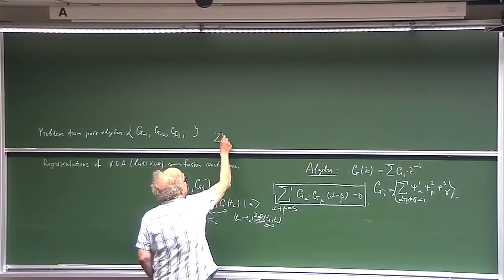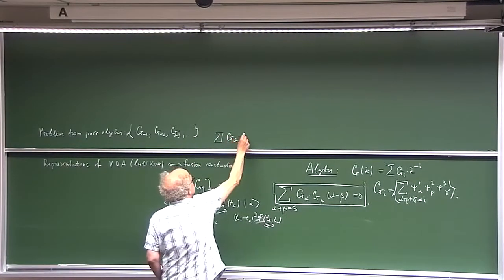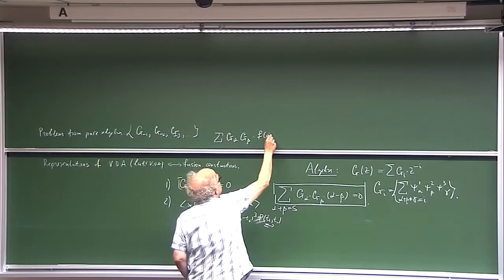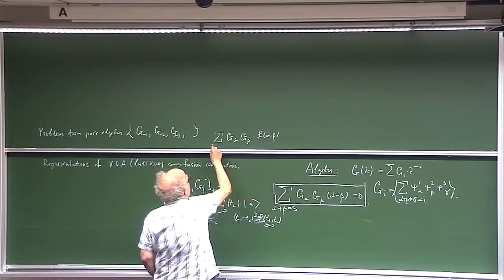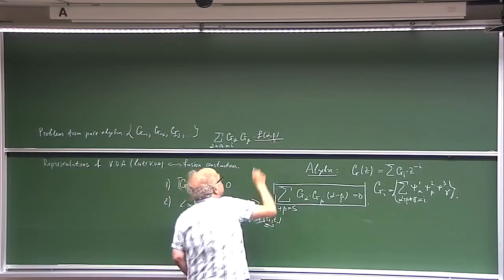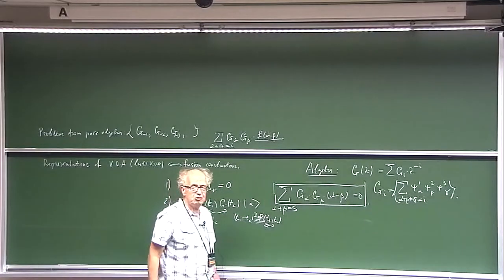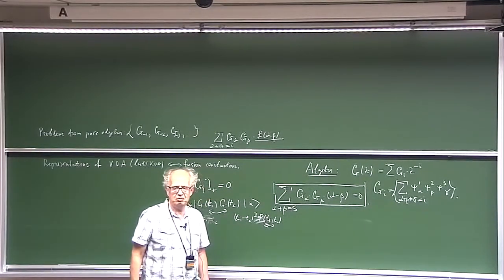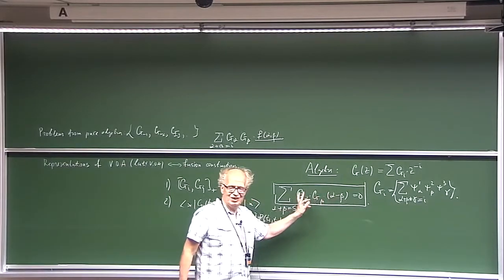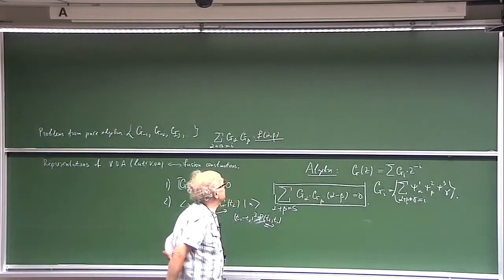It is the sum of g alpha, g beta, times some function f in alpha beta, where alpha plus beta equals s, and about this function we know that it is skew-symmetric in indices alpha and beta. Like here, we need it because it is skew-symmetric.